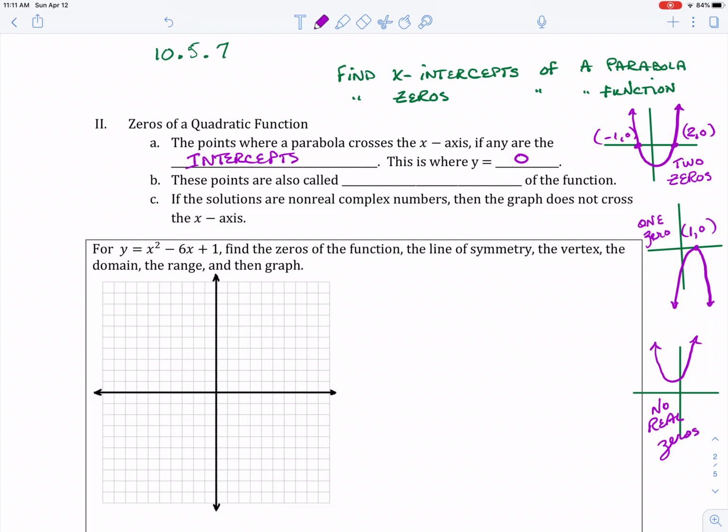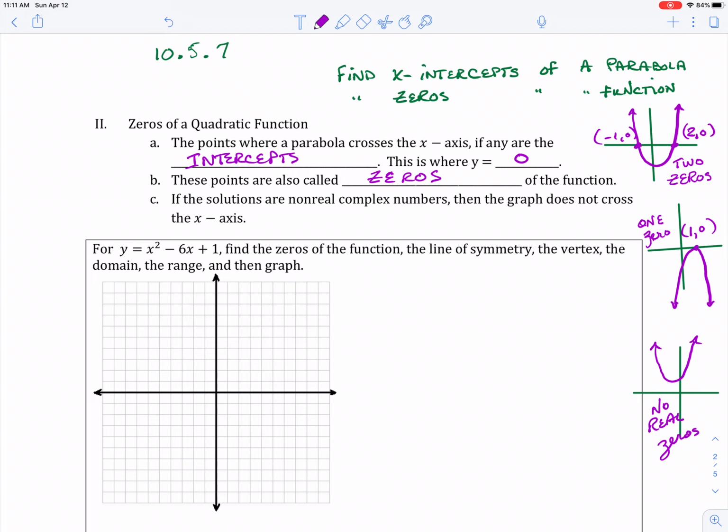All of those y coordinates at those x-intercepts are 0. These points are also called zeros of the function. If the solutions are non-real complex numbers, then the graph does not cross the x-axis. And you see that from my last drawing over there in the margins.